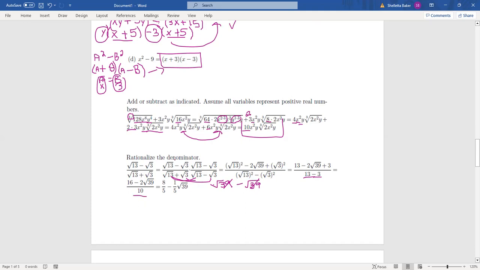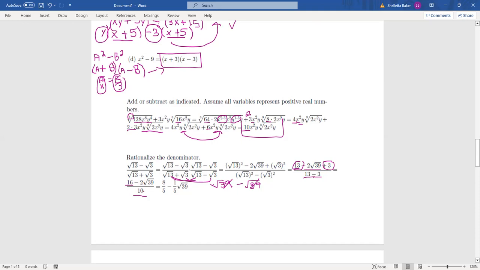In the numerator, when we distribute, we get square root 13 times square root 13. That's just going to be 13. And then 2 of those square root 3 times 13. So that's minus 2 times square root 39 plus 3. A negative times a negative will give us positive 3 without that radical. So we add 13 plus 3 to get 16 minus the 2 square root 39.